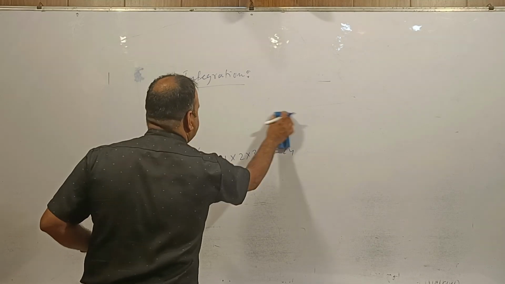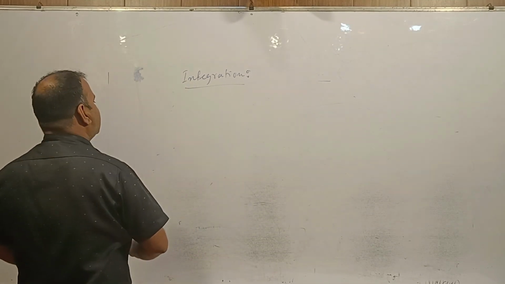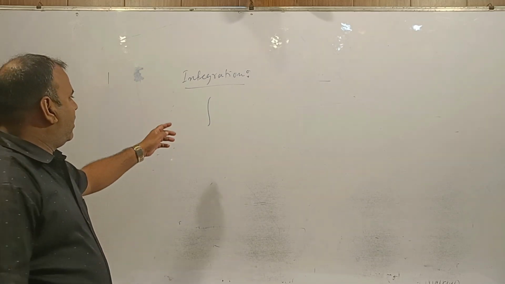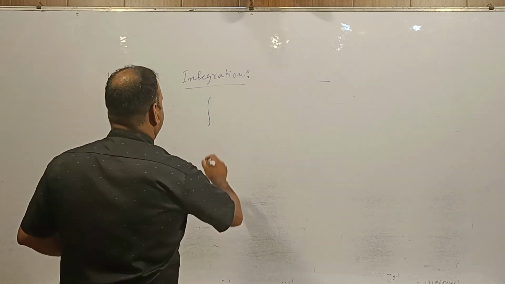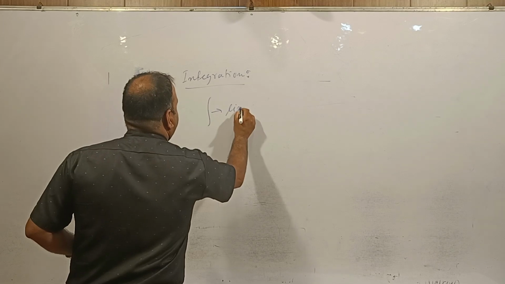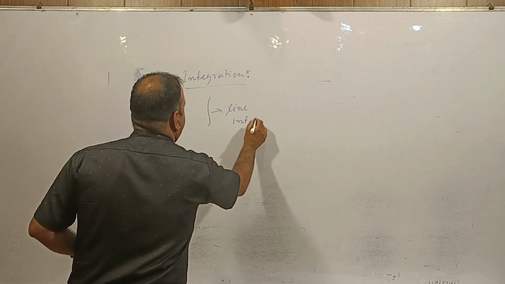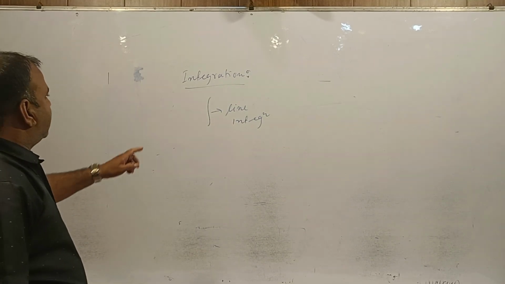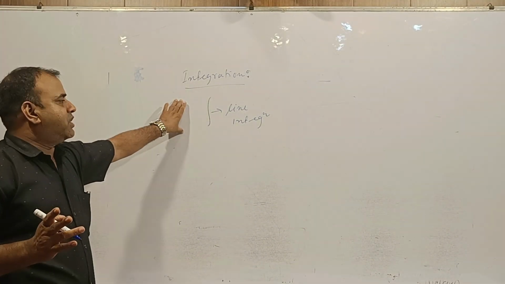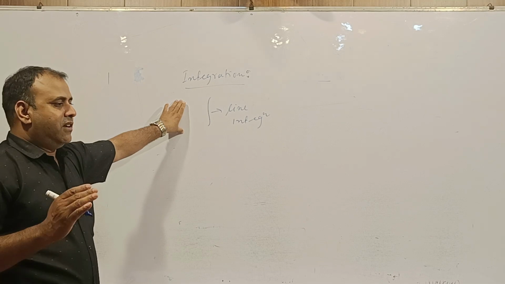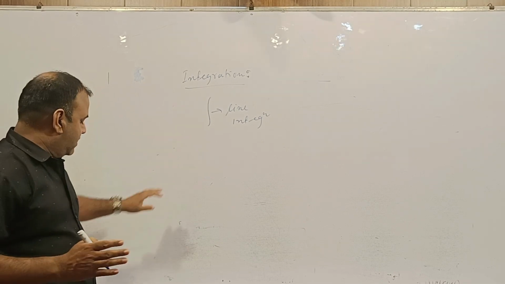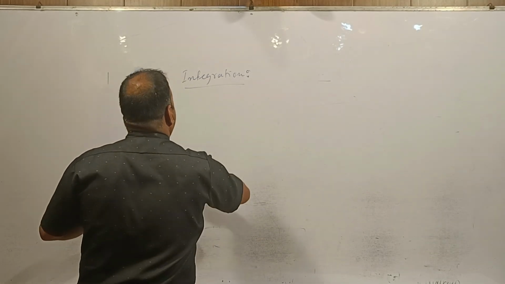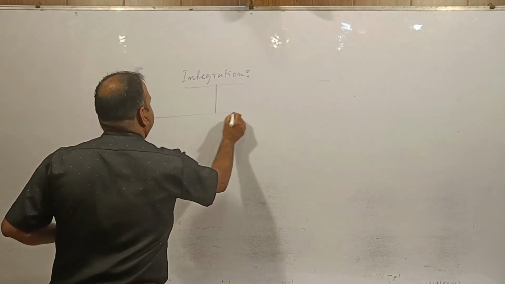Now see, in physics language, this integration is also called line integration. Now there are two types of integration you will get. One is indefinite integration and the other is definite integration.